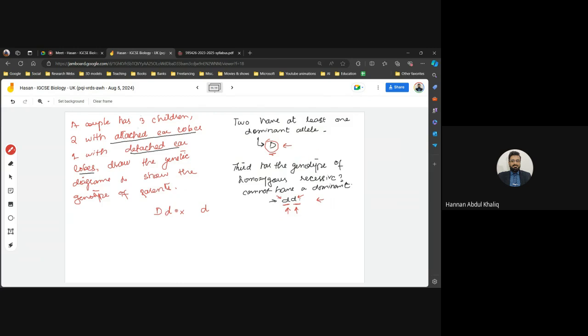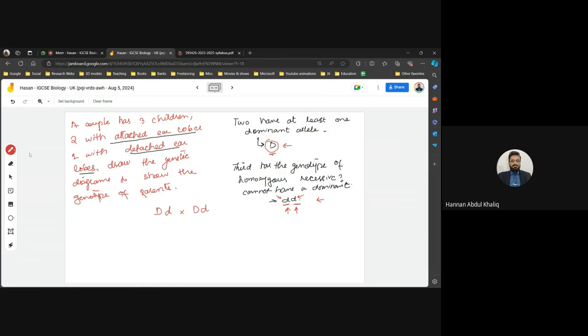It means either one or both of their parents have one dominant allele, so their children's genotypes can be justified.